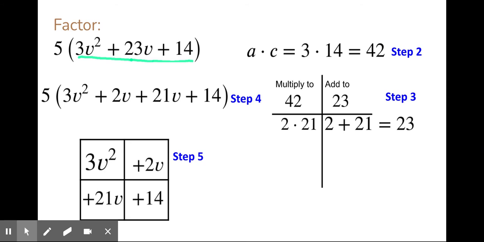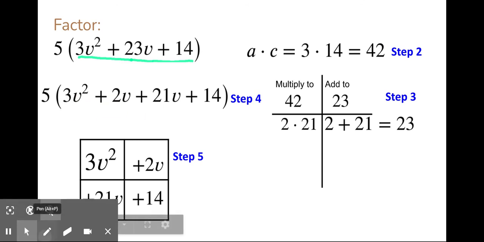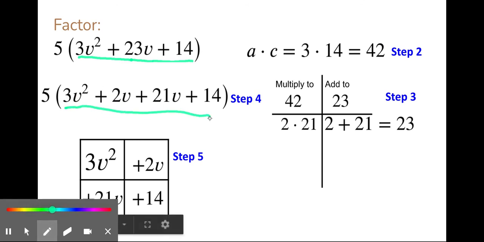After you've put everything into the box, and when I say everything in the box, I mean you're not going to put the greatest common factor in the box, but everything in parentheses into the box. From there, you are going to take the greatest common factor out.